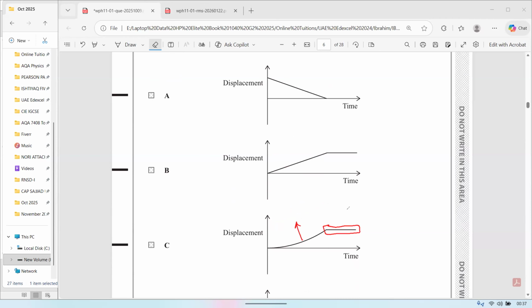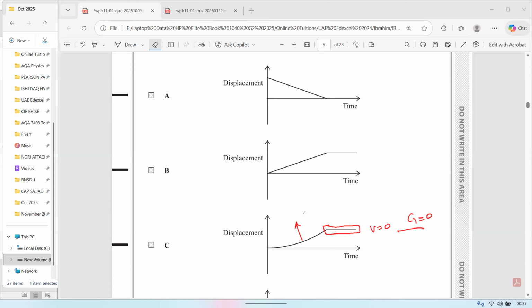The displacement becomes a constant line, so here the velocity is zero because the gradient will be constant. That is also not true because acceleration zero means the body is still moving at a constant speed.